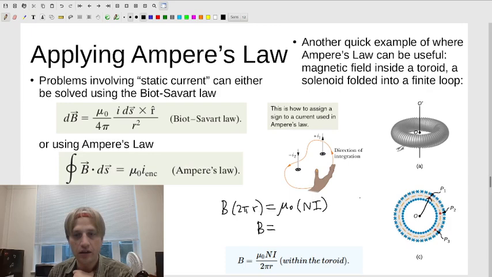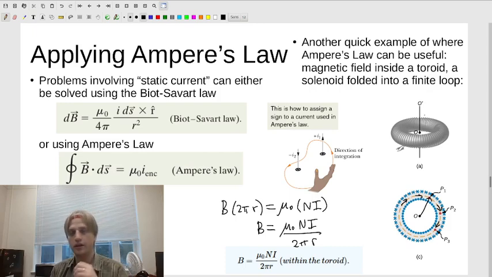The magnetic field would always point around like this, and the magnitude would be mu naught times N times I over 2 pi r. So that's similar to a solenoid, but it's been wrapped in a circle, and we call it a toroid.